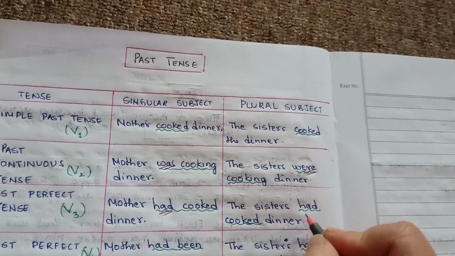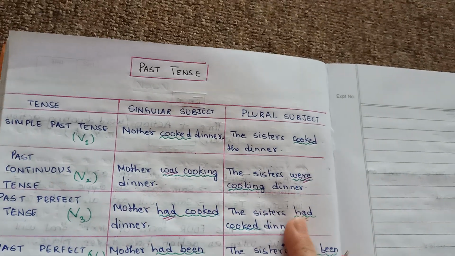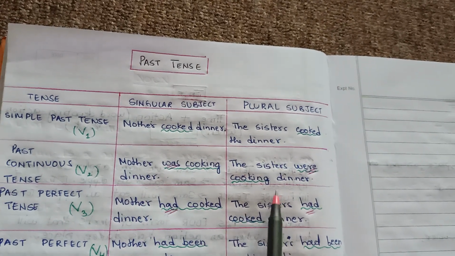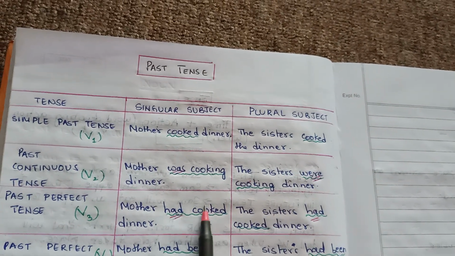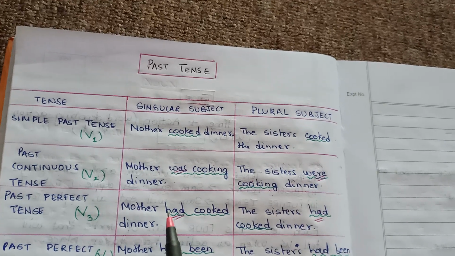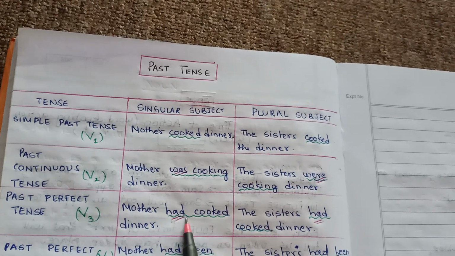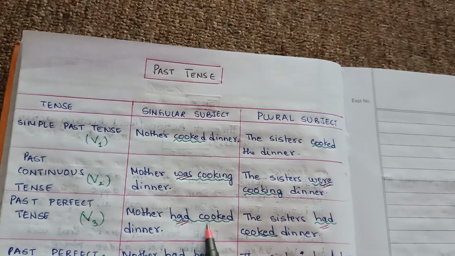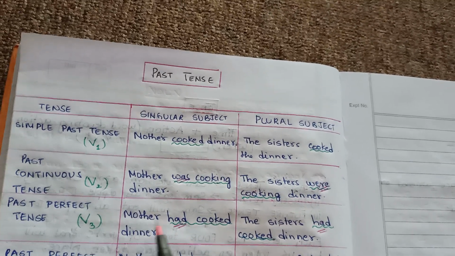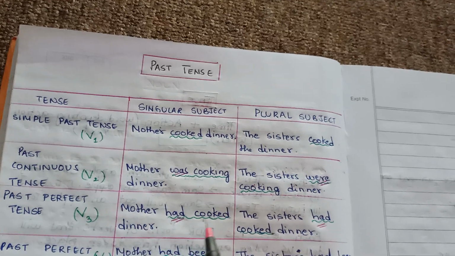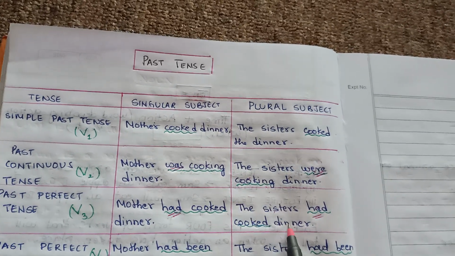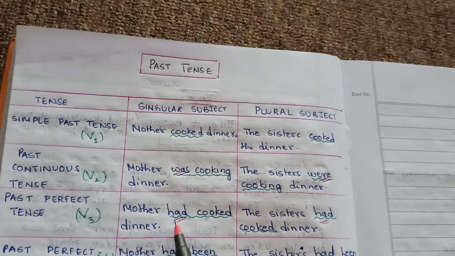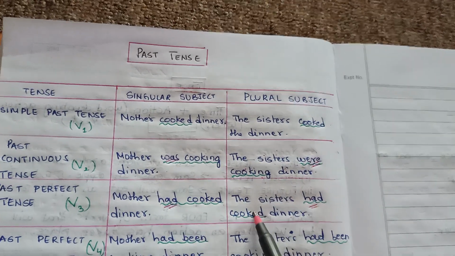Same thing, it's had here and had here. So it doesn't make a difference whether your subject is singular or plural. How will you show the action is in the past perfect tense? Just by adding the helping verb had in front of our verb cooked. So for both singular and plural subjects, it is had cooked and had cooked.